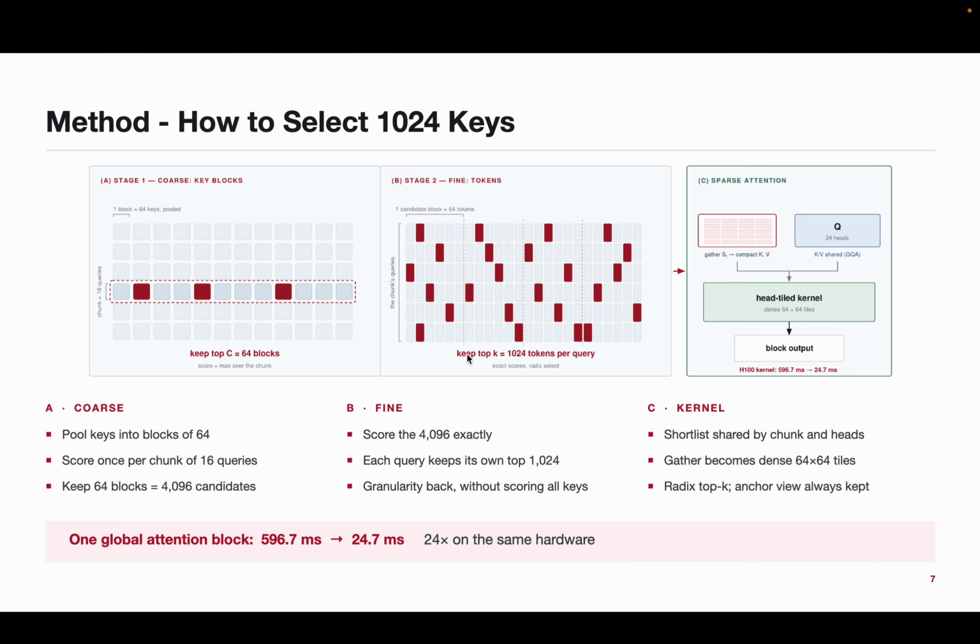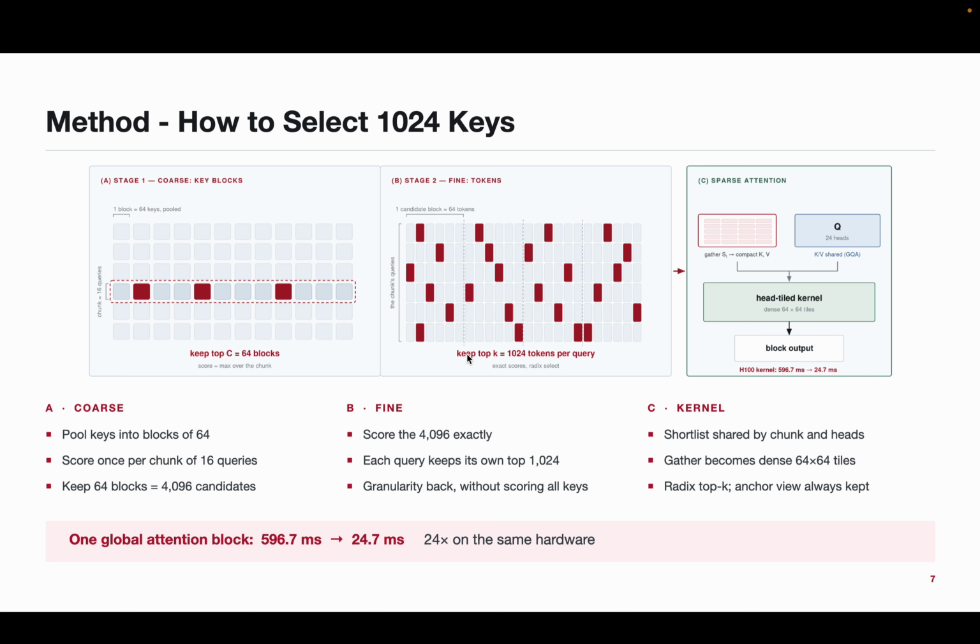This candidate size can be much greater than 1024, and it can be computed much faster because we are pooling a lot of the patch tokens. However, the difference, which keeps our method fine-grained, is that we then use the lightning indexer's results to rank each of the candidate tokens to get a fine-grained KV.